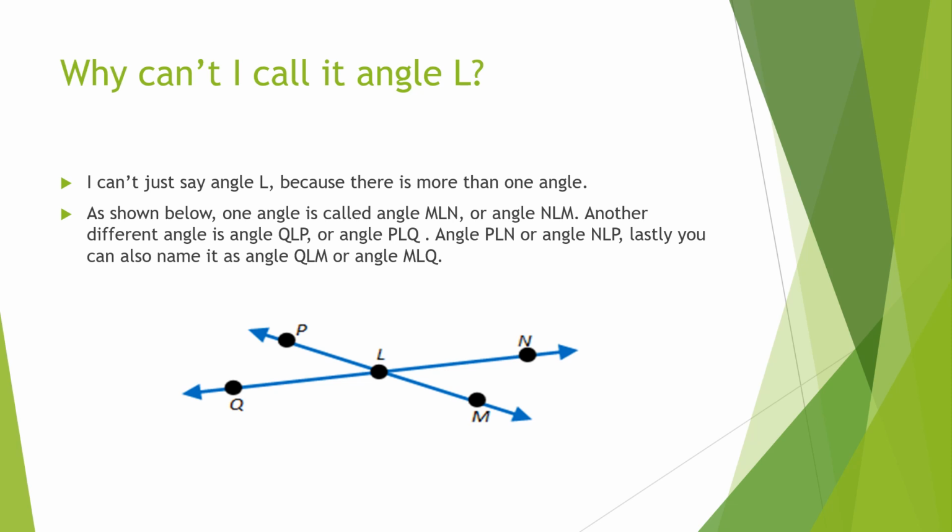It could either be angle MLN or angle NLM, or it could be angle NLP or angle PLN, or it could be angle PLQ or QLP or QLM, and lastly MLQ. And this is why we use naming to not confuse ourselves with only one vertex.